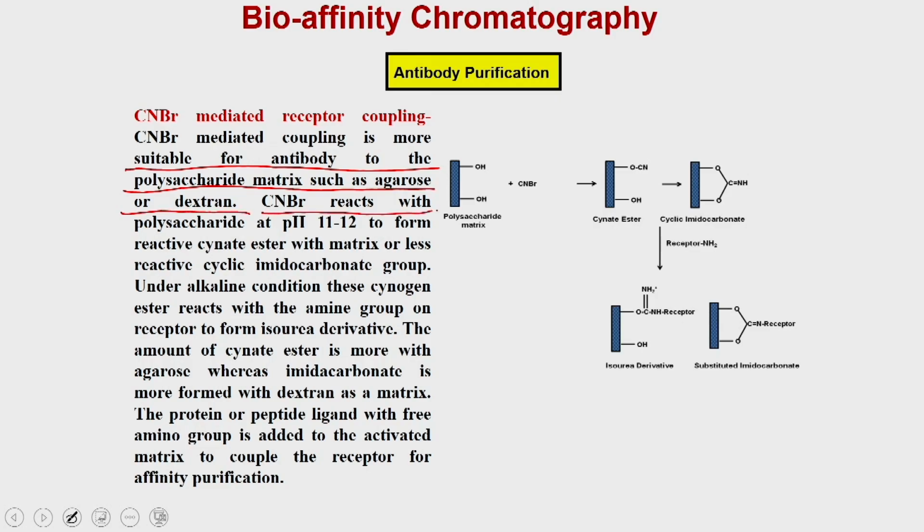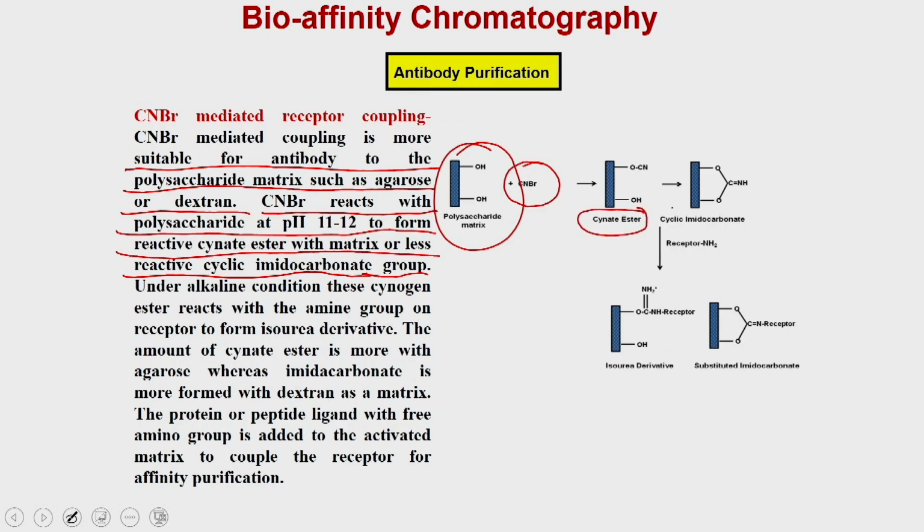CNBR reacts with the polysaccharides at pH 11 to 12 to form a reactive cyanate ester with the matrix, or a less reactive cyclic imidocarbonate group. Which means if you take cyanogen bromide and react it with the polysaccharides, it generates two materials: the cyanate ester and the cyclic imidocarbonate.